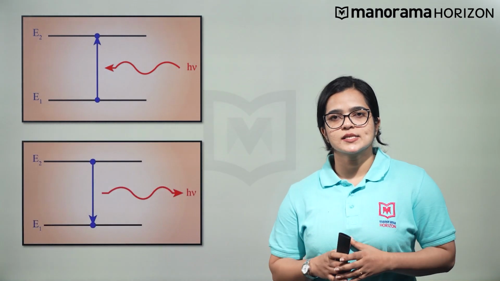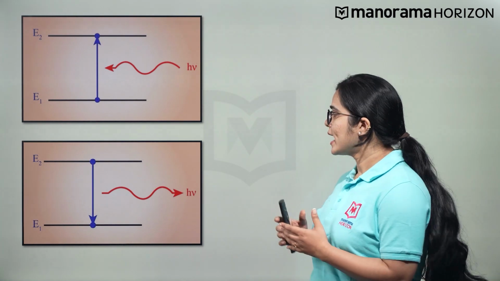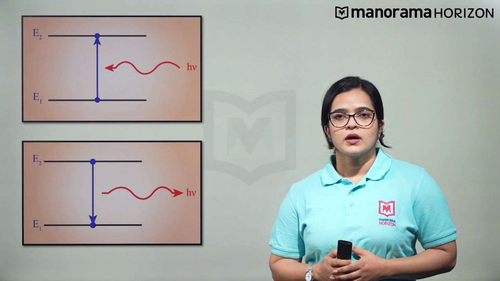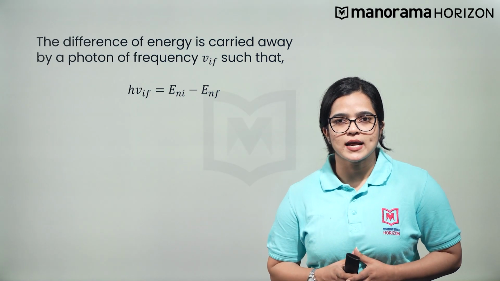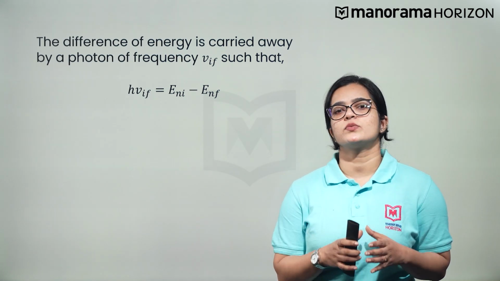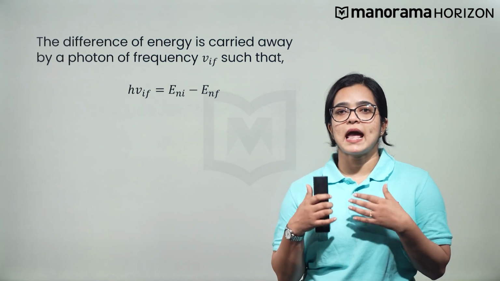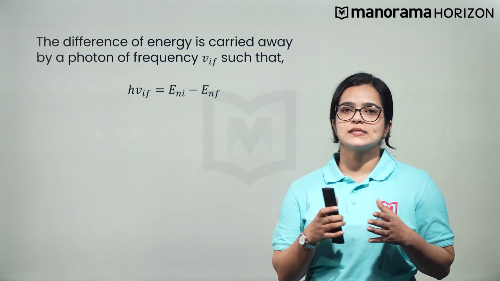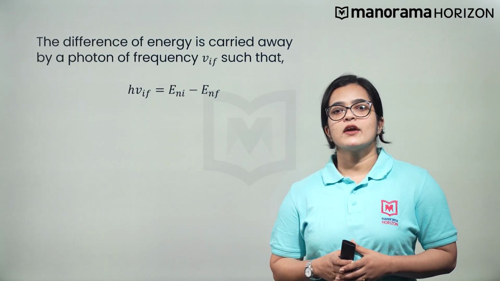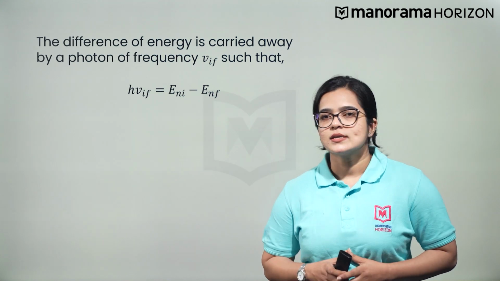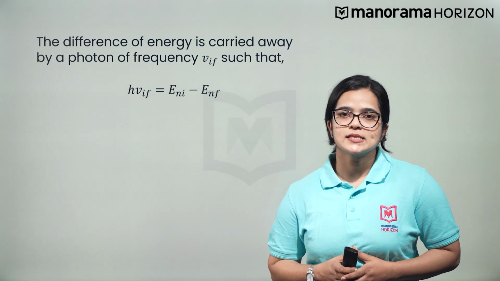From these excited states, the electron can fall back to the state of lower energy with the emission of a photon. According to the third postulate of the Bohr model, as an atom makes the transition from the higher energy state with quantum number ni to the lower energy state with quantum number nf, provided that nf is less than ni, the difference of energy is carried away by a photon of frequency nu such that h nu is equal to Eni minus Enf.